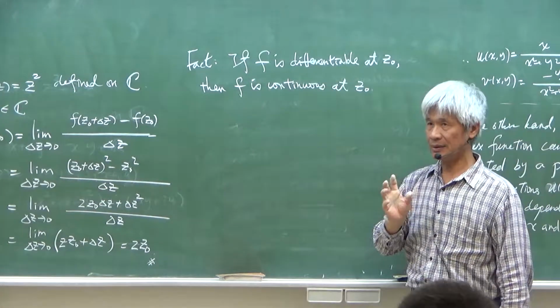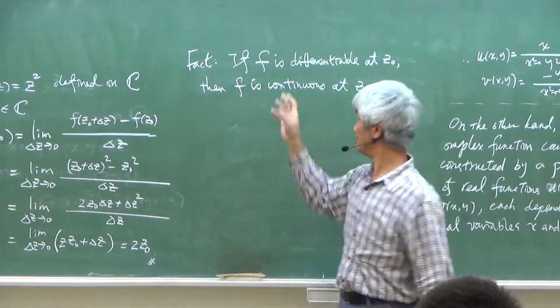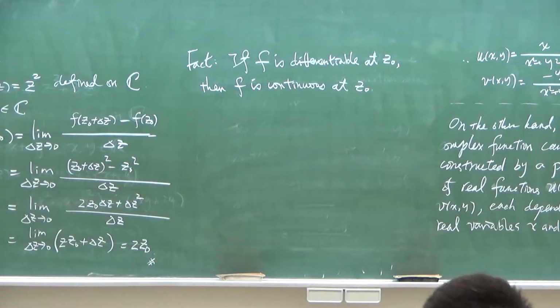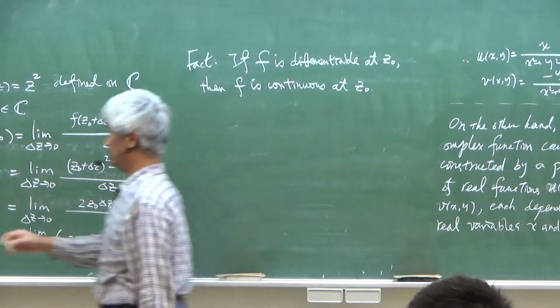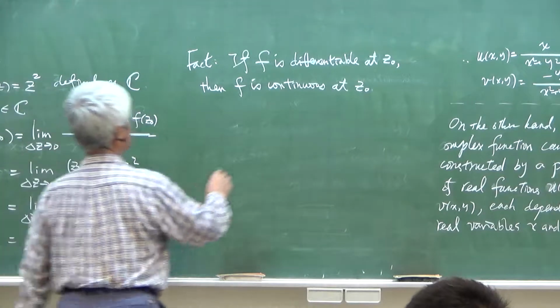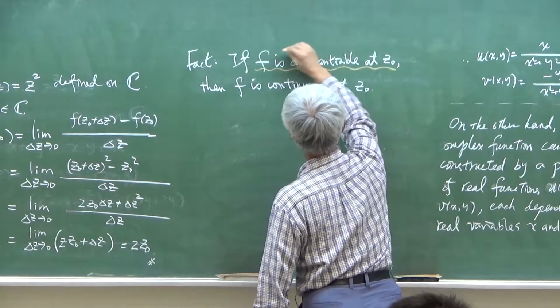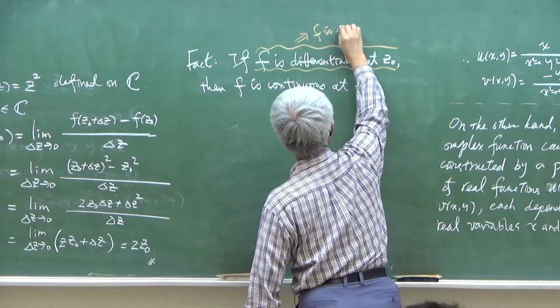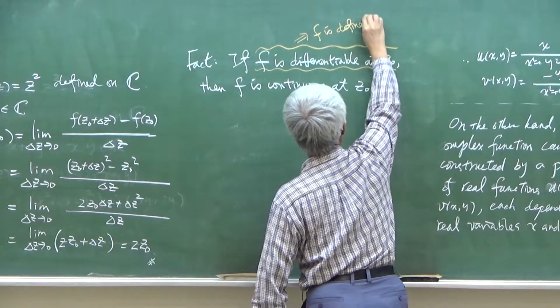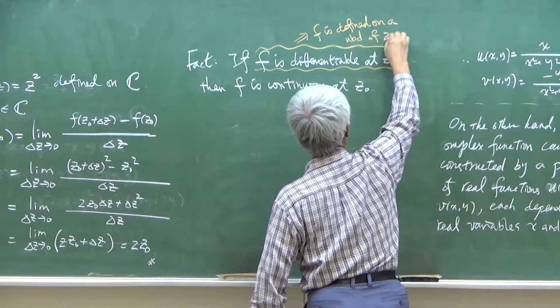That means that f is defined on a neighborhood of z0. So the statement implies that f is defined on a neighborhood of z0.